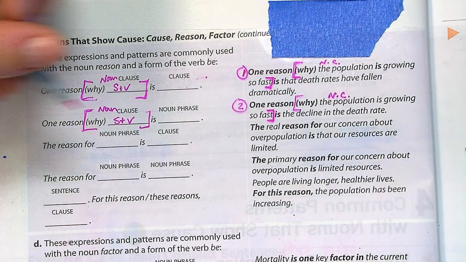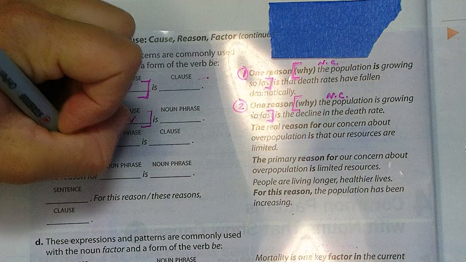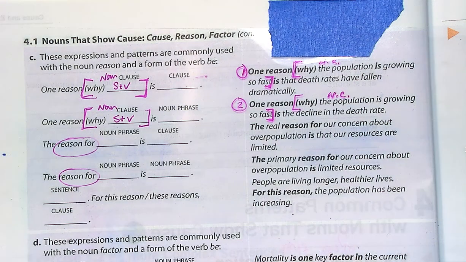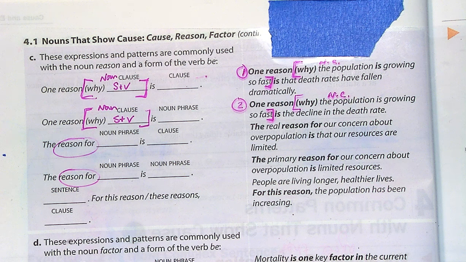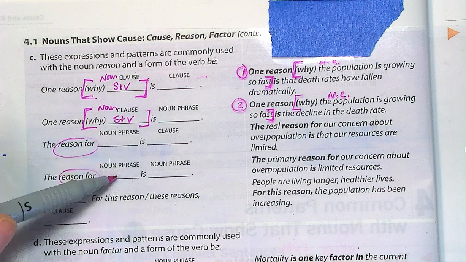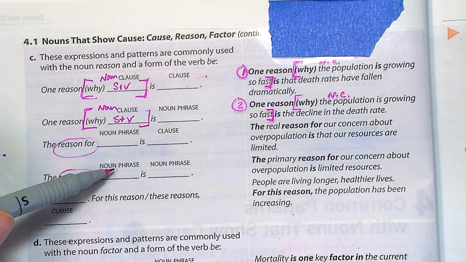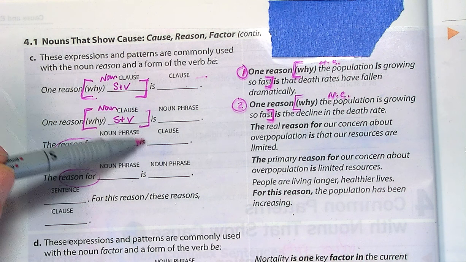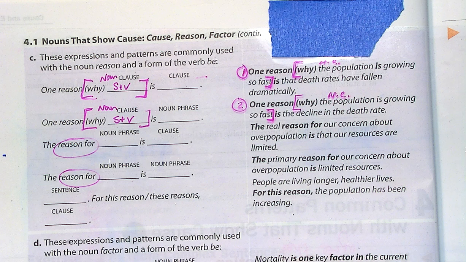However, if we look at this part, the reason for, we know that our preposition needs a noun after it. So we need just a noun or a noun phrase. It can be an adjective plus a noun, but you need a noun after the word for. And then we have our main clause, the reason is.